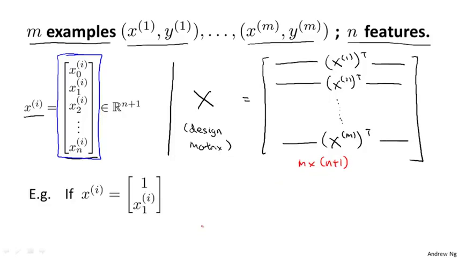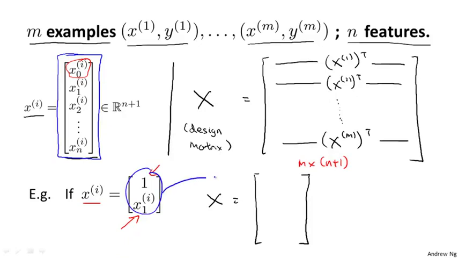As a concrete example, let's say I have only one feature, only one feature other than x0, which is always equal to 1. So if my feature vectors xi are equal to this 1, which is x0, and then some real feature like maybe the size of a house, then my design matrix X would be equal to this. For the first row, I'm going to basically take this and take its transpose.